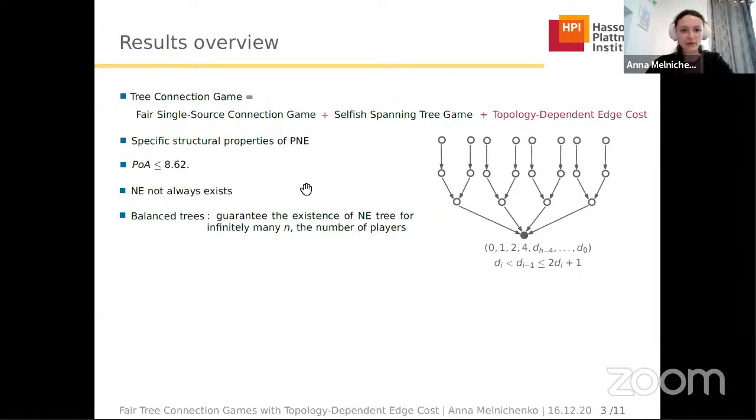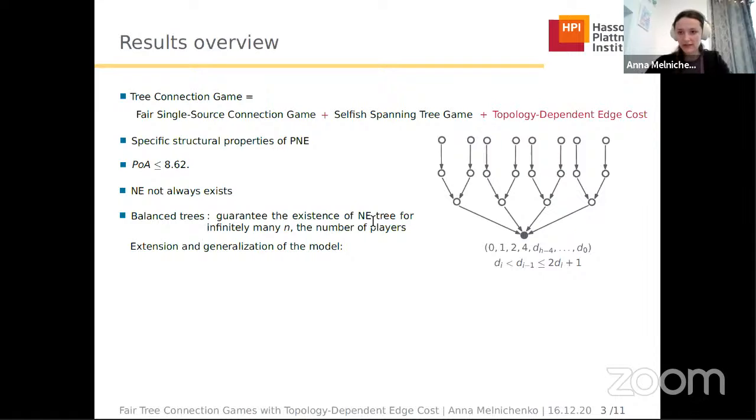I hope it's clear what a balanced tree means. We proved that balanced trees are always stable. Since we were able to provide this result for any n, it means that for an infinitely large number of players, we can conjecture that a stable state always exists.